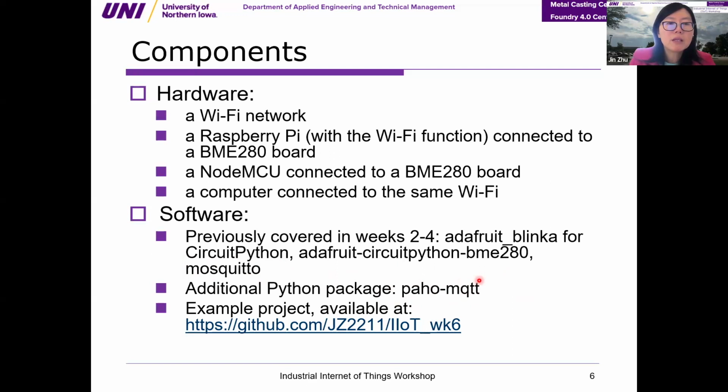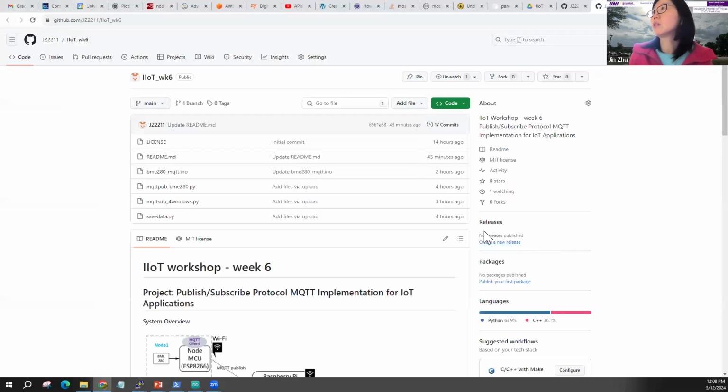Again, the example project is available under this link. Just go to the PowerPoint slides, and if you click this one, it will lead you to the place where it is located.